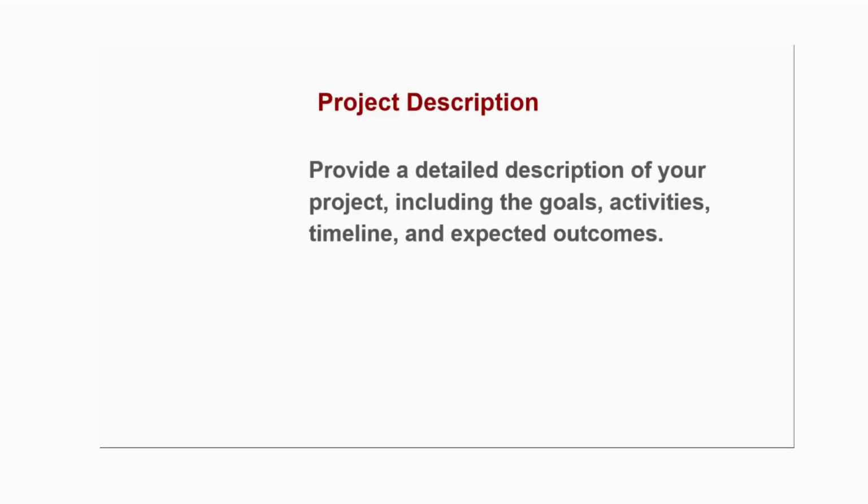So when you're describing the project, you want to be very clear on what the project is about. Now this should include the goals, activities, timelines, and expected outcomes. So I will still use the example of environmental conservation.